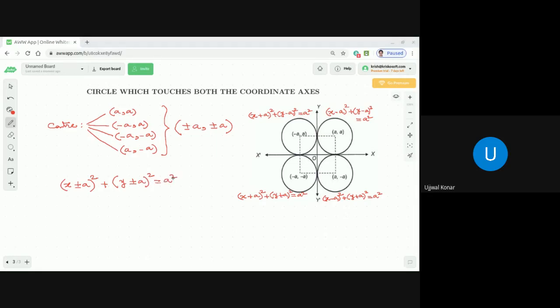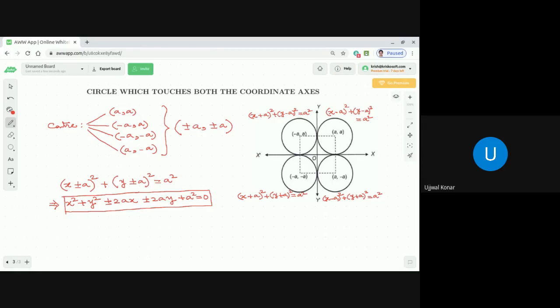Or if we make it simpler, we can write x² + y² ± 2ax ± 2ay + a² = 0. Now, in that equation, what I am marking within the red box is that you can take a combination of plus and minus: plus plus, plus minus, minus plus, and minus minus. When you take all these combinations, you will get four different equations.